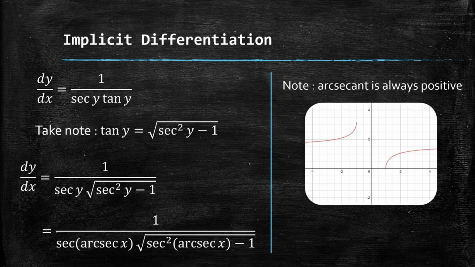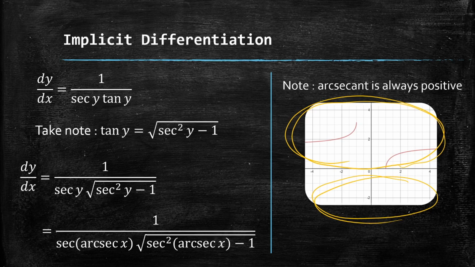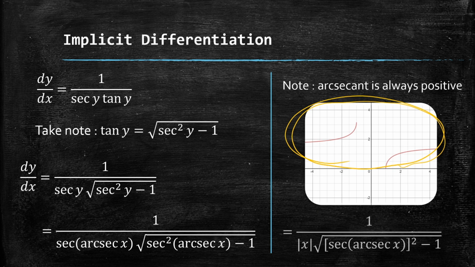The output of secant is always on the positive side. There are no negative outputs, so arcsecant rather. So that's the answer for arcsecant. It's always positive. That's why we'll get the absolute value of x. So secant here becomes absolute value of x because it's always positive.